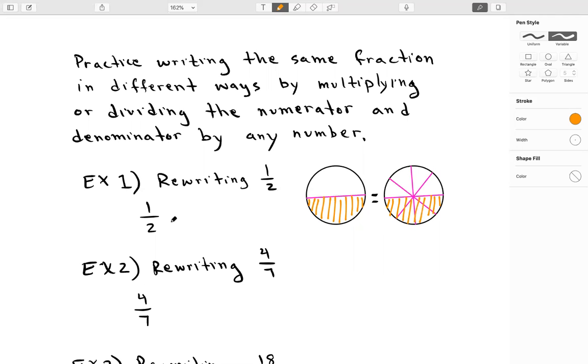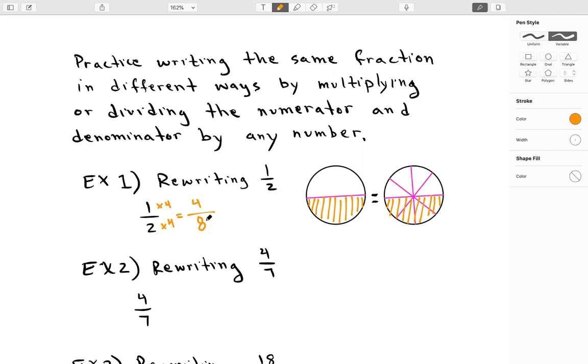Well, it's the same idea. See, we just multiplied this by 4 and this by 4 to get 4/8. And now we have a fraction that is equivalent to 1/2, but it has a different denominator.